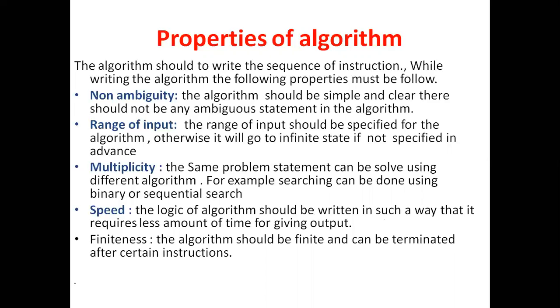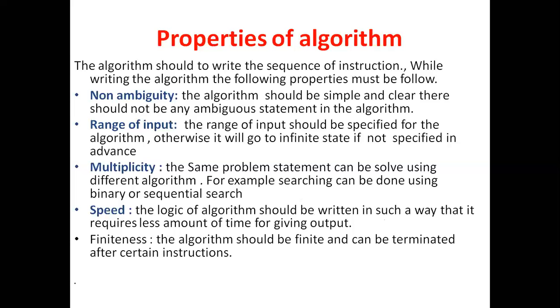Then multiplicity: the same problem statement can be solved using different algorithms. For example, searching can be done using binary or sequential search. When we are writing an algorithm, write it in such a way that you can reuse it in a different algorithm also. Suppose we write an algorithm for addition of two numbers, and after 2 or 3 days we have to write an algorithm for multiplication of two numbers.